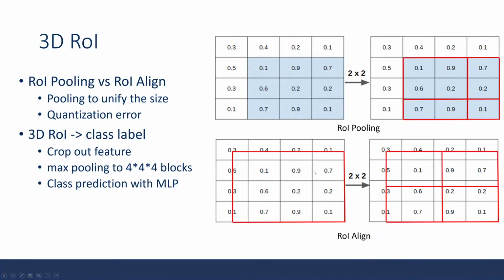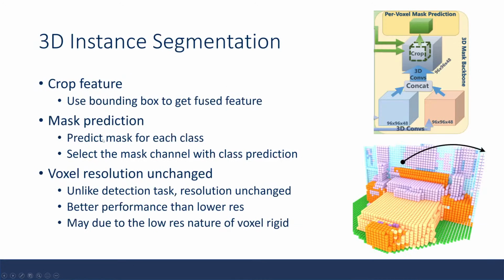ROI pooling uses pixel coordinates, which can lead to more quantization error. ROI align uses a floating point grid system, which is more accurate. Here they use ROI pooling to get the unified feature, and then later on to get the class prediction.